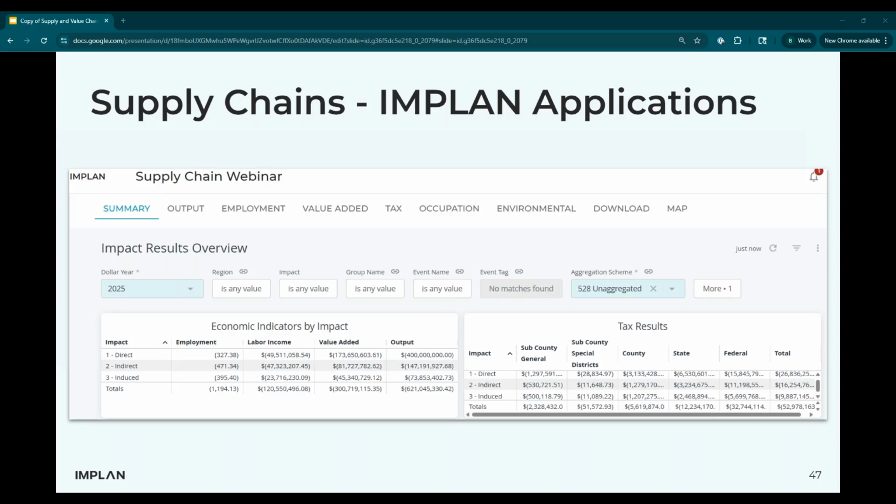And that's a little different than what Bjorn showed you today, but that's definitely possible. And we have information on everyone's favorite website, support.implan.com, on how best to model that as well. So generally what Bjorn showed you was looking at the supply chain, but if we want to look at the value chain, again, those margins associated with it, we would just come at it from a different way.